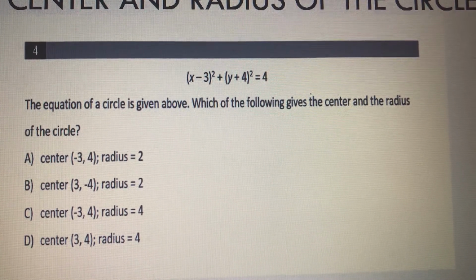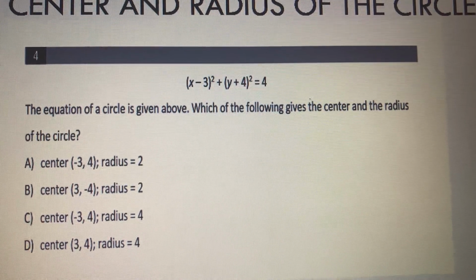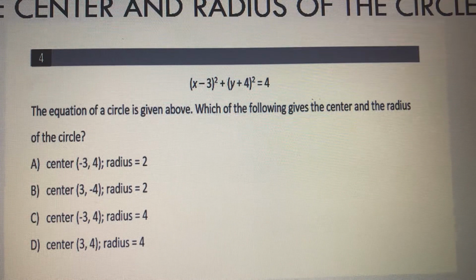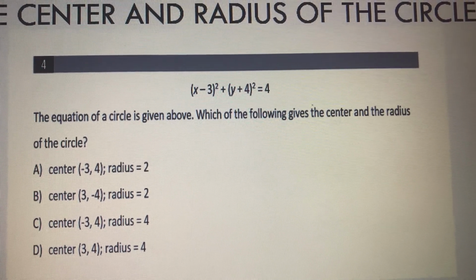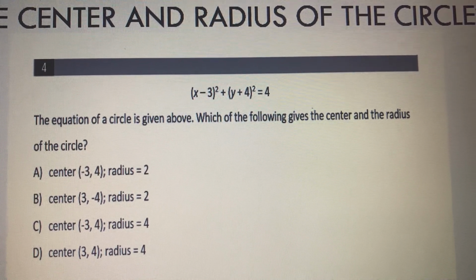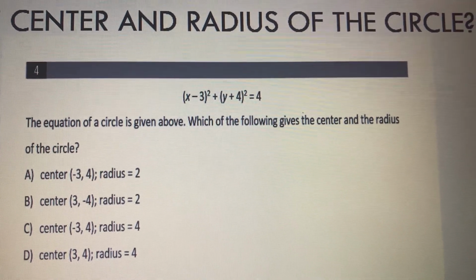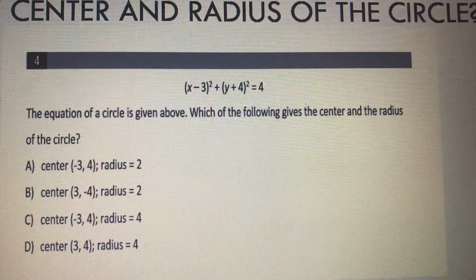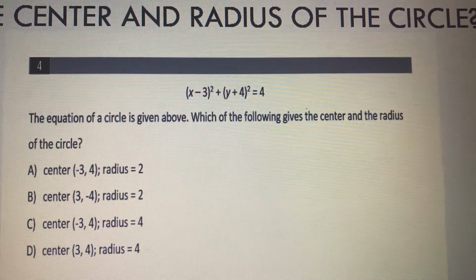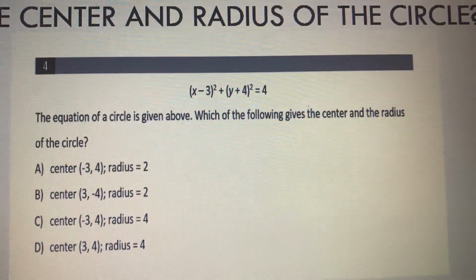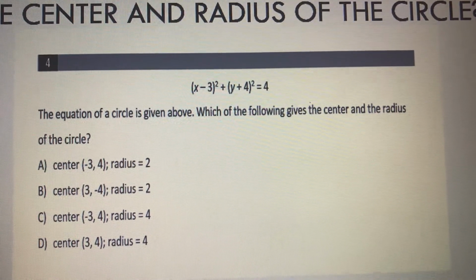But remember again, the original formula of the equation of a circle is (x - h)² + (y - k)² = r². If it's a negative 3, that's fine. That means our center is going to be a 3, and it's a positive 4, so that means our center is going to be at (3, -4).